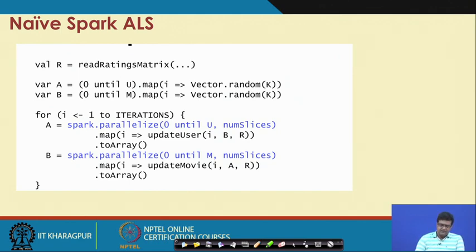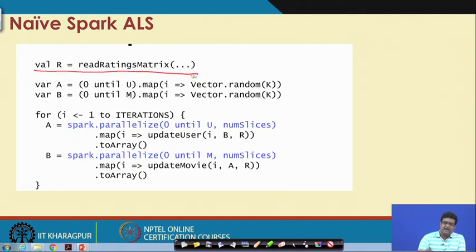The first simple implementation I have provided is that you have the ratings matrix R in a local variable, and then you create the A matrix and also the B matrix, each a matrix of random vectors. So, you initialize the A and B matrices.